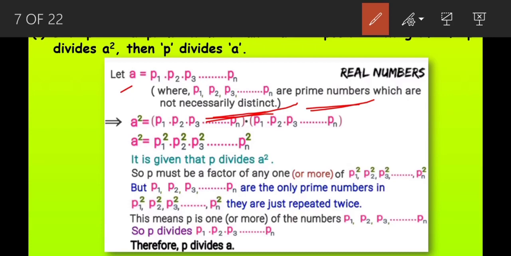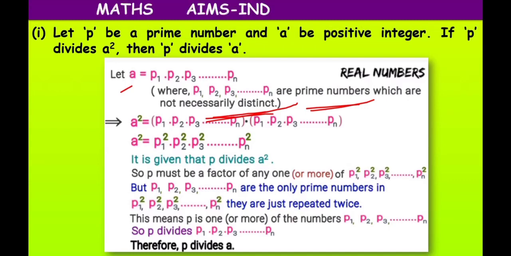So we have a positive integer a. Already we have learnt, according to the fundamental theorem of arithmetic, any number can be written as a product of prime factors. So we have written a as a product of prime factors p1, p2, p3 up to pn, where all these are prime numbers.